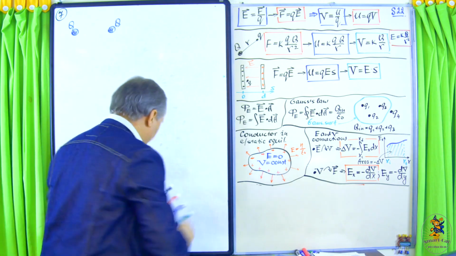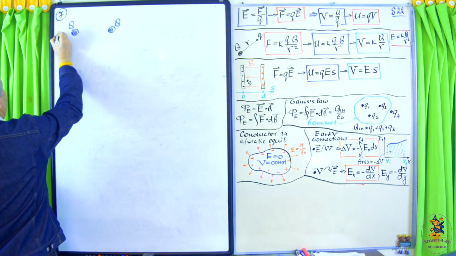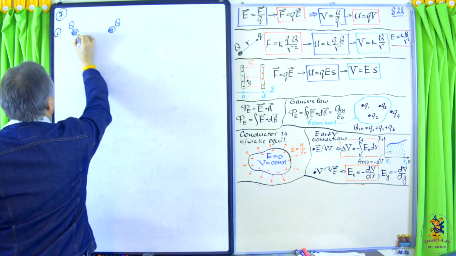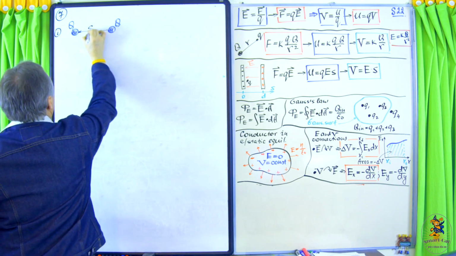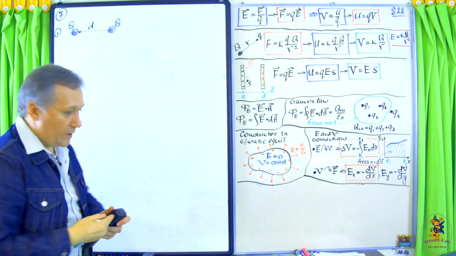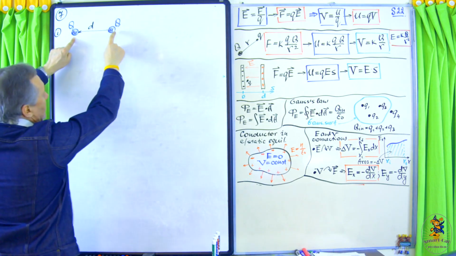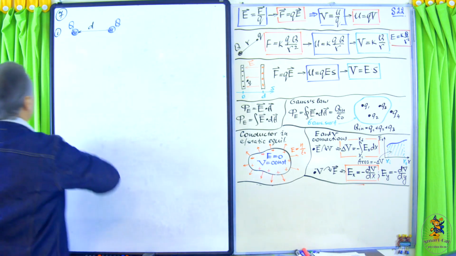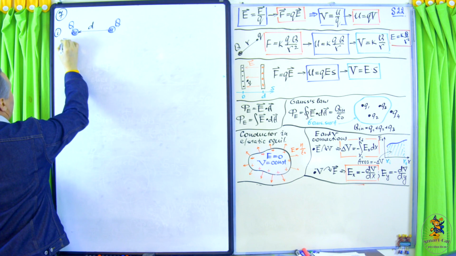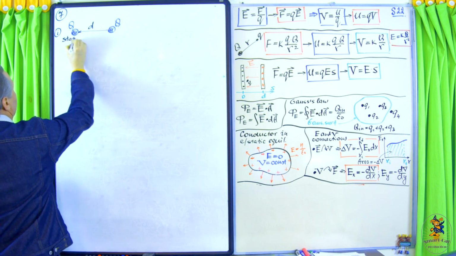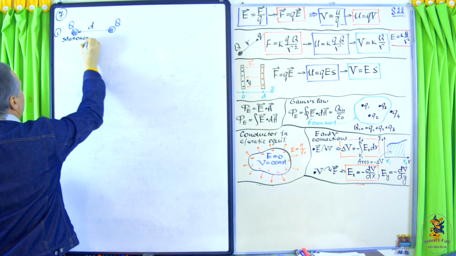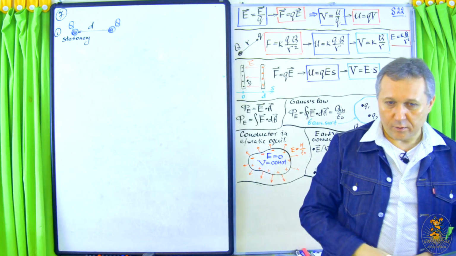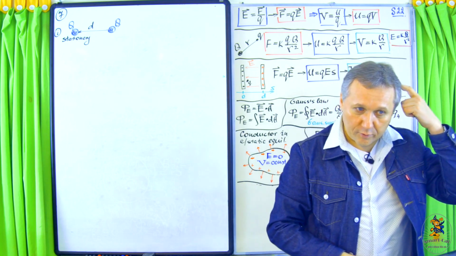This is the initial situation, and the distance between the charges is D. Then we will release this one. So we still hold this. Let me write, this charge Q, the left one, is stationary. Maybe it wants to move, but we don't let it go, so it's stationary.